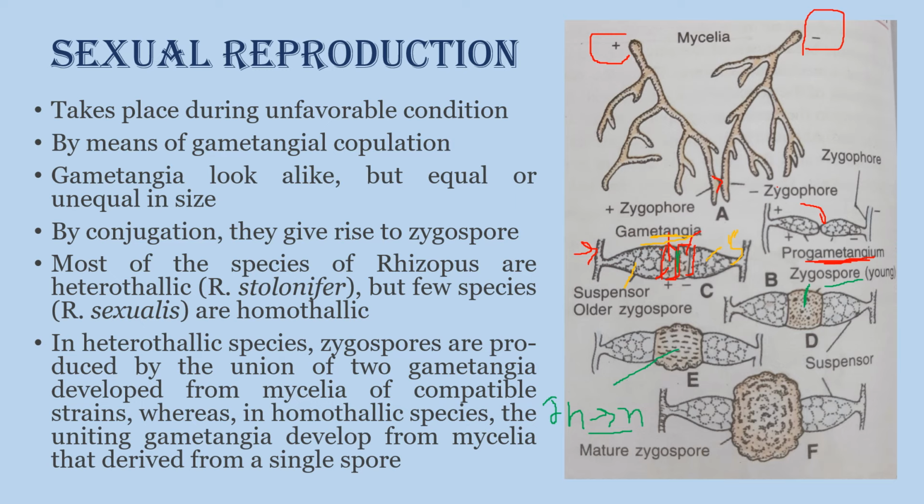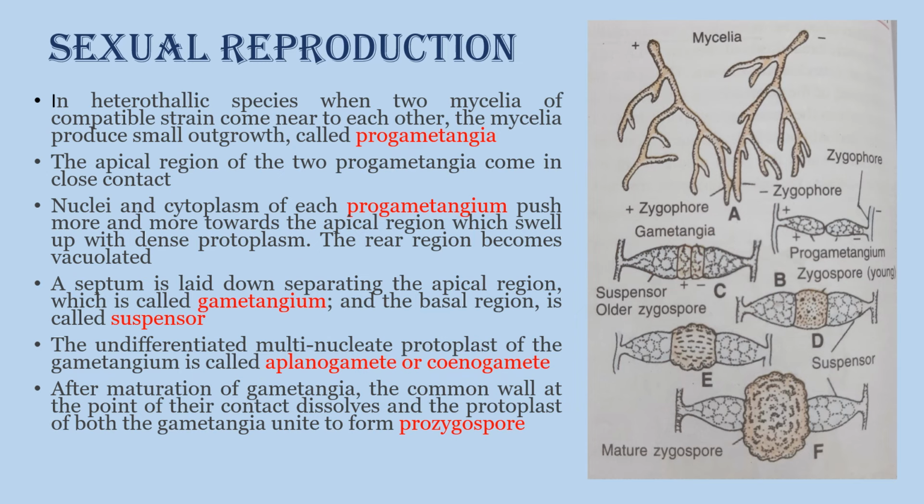So when the zygospore has matured, that is after the period of resting, the content of the zygospore germinates to form a germ tube.